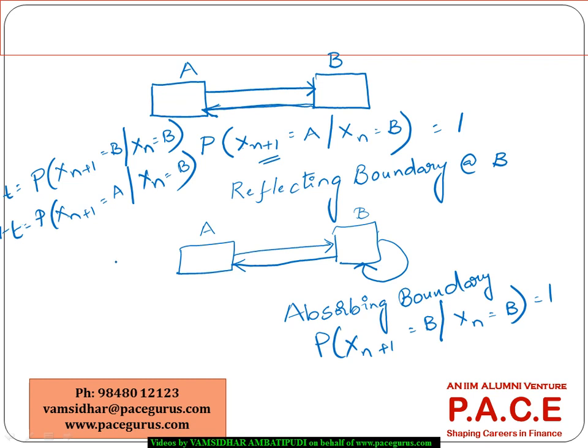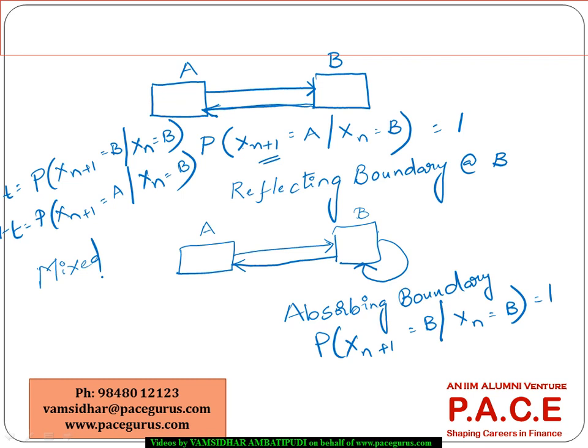In those cases, we say that the boundary is a mixed kind of boundary. If it can go back to the next state, we say it is a reflecting boundary. If it definitely stays in the same state, we call it an absorbing boundary. But if either scenario is possible, either it can reflect or it can absorb, then we call it a mixed boundary, right? So this is one concept that we need to be comfortable with.